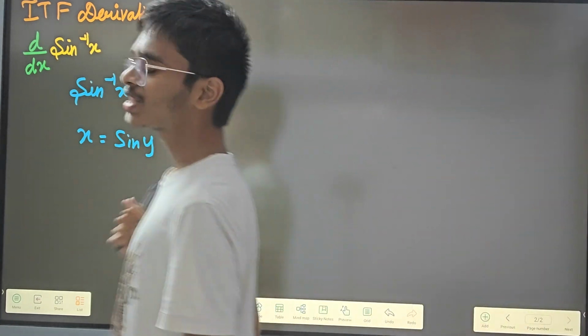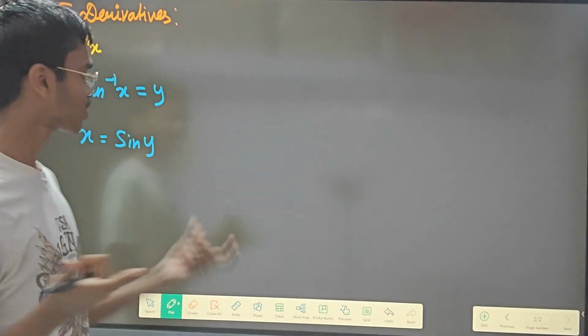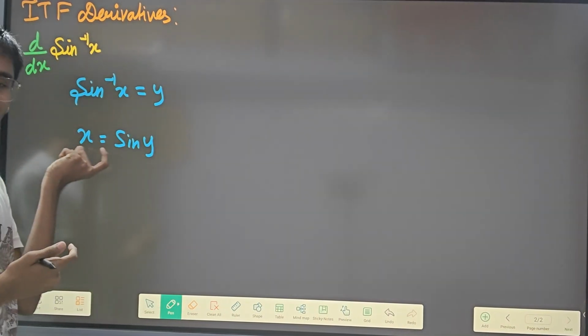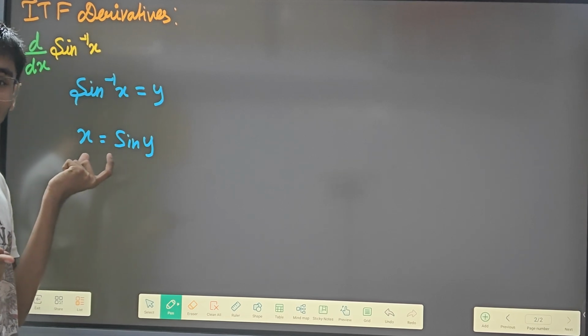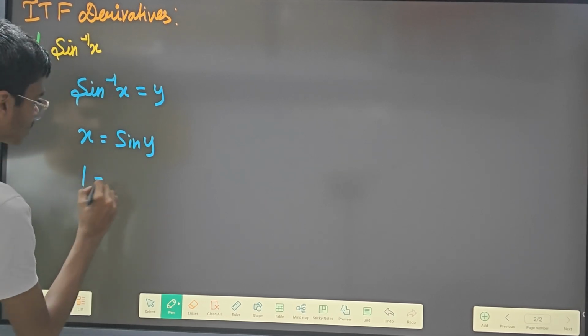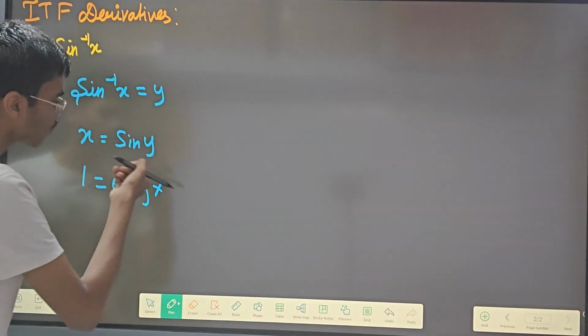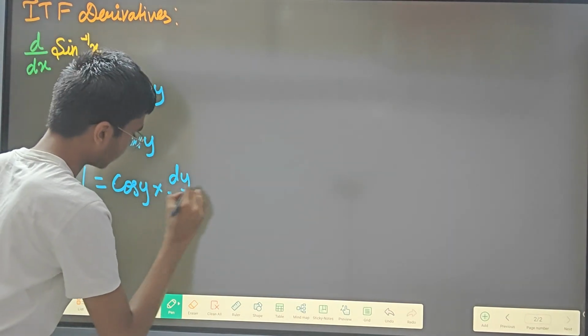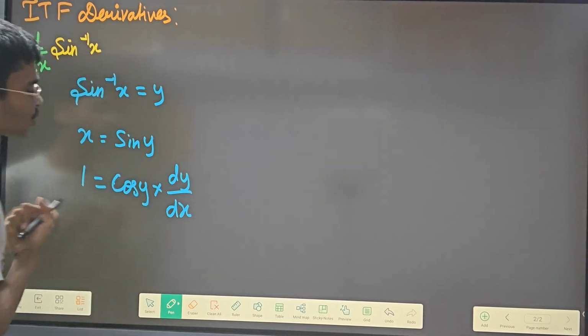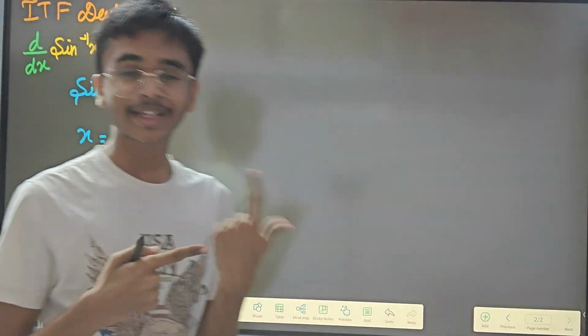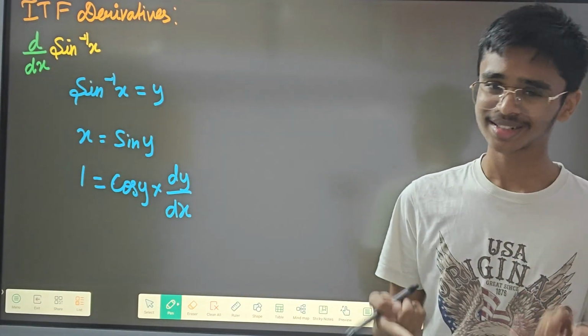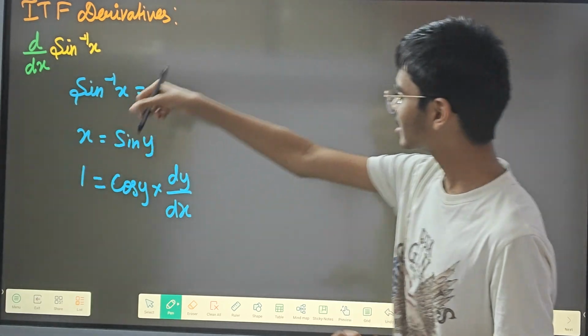Okay, so x is equal to sine y. Okay, so now differentiate it. So x's differentiation is going to be 1 is equal to sine is going to be cos y into, for y it is going to be dy by dx. Okay, so see, actually this is in chain rule concept. Where first is x.